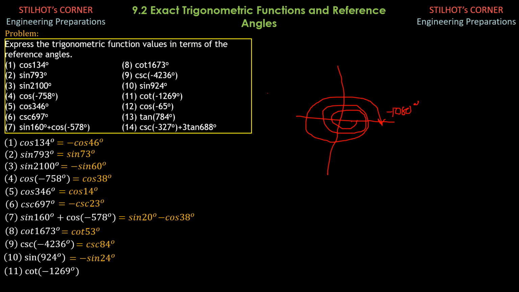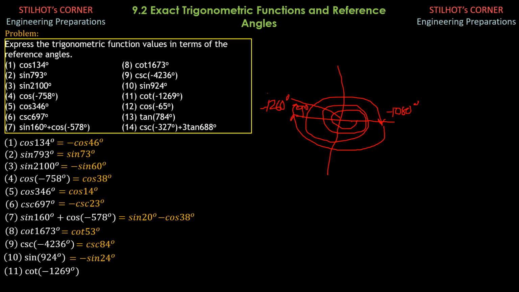Then another negative 180, that's negative 1260. So we only add 9 degrees more, so negative 1269. The reference angle therefore is 9 degrees.